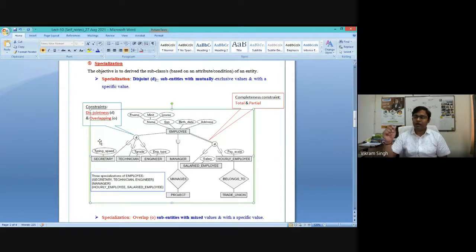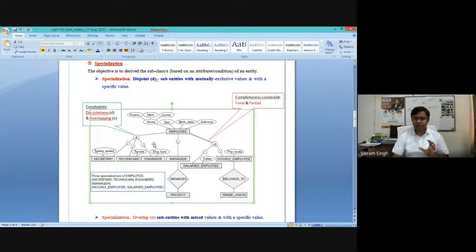But for an employee who has the designation technician, typing speed is not applicable, right? Similarly for the third type of employee, engineer, engineering type is applicable, but for the remaining two it's not applicable. And that's why we need to define these subclasses, this is specialization.